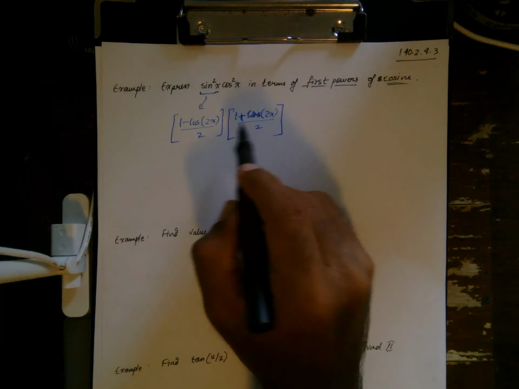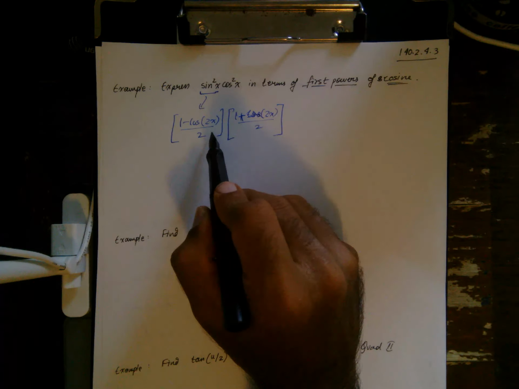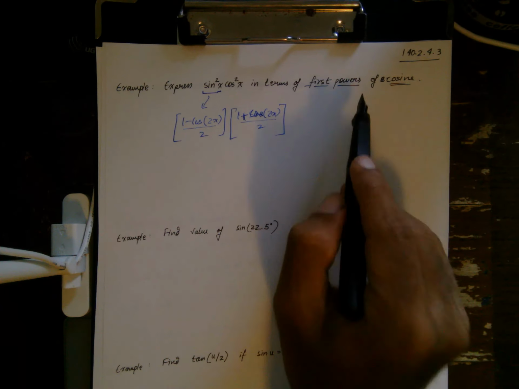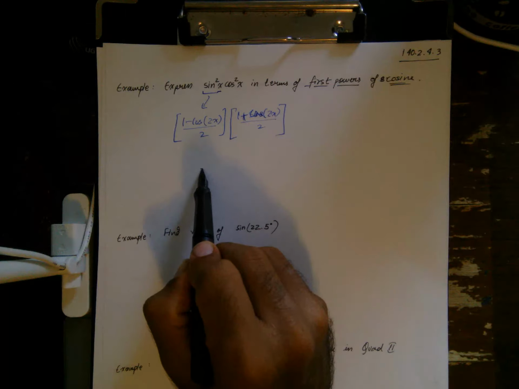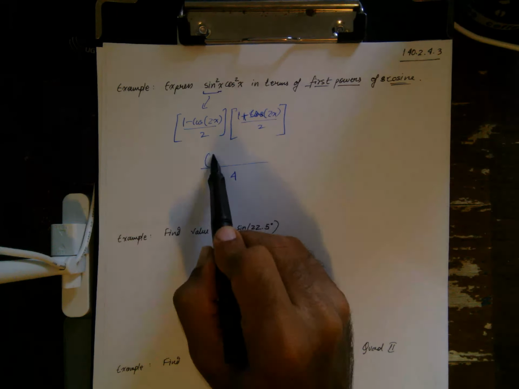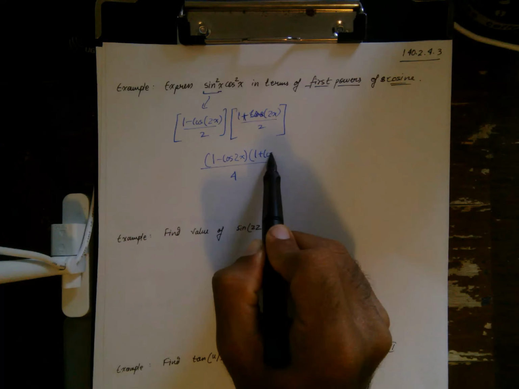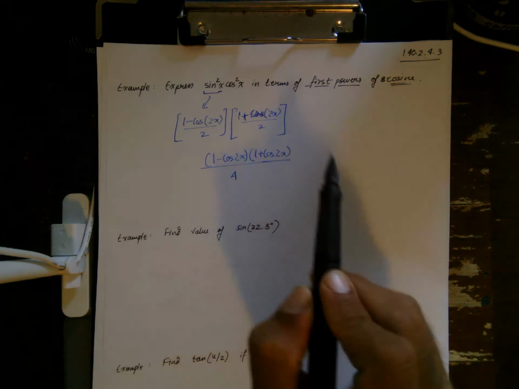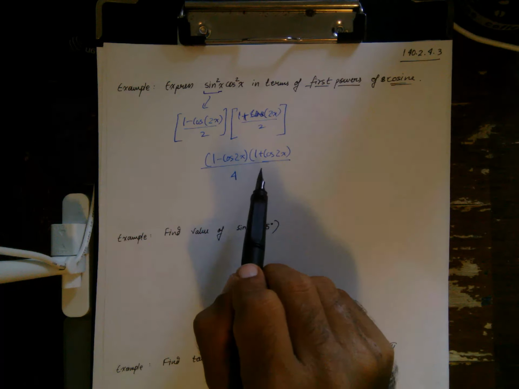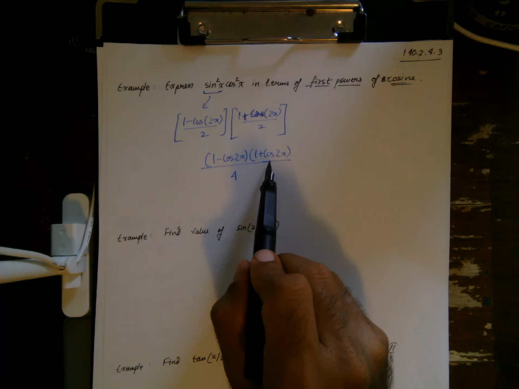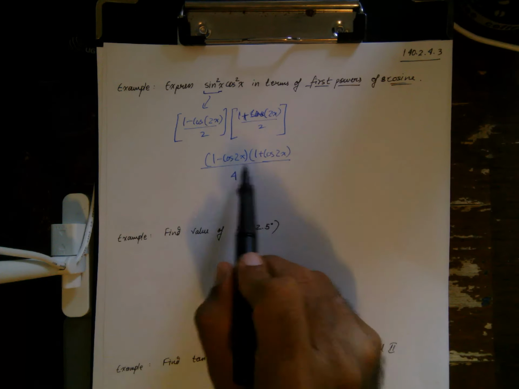Having the argument as 2x is fine because the goal is to reduce to first power. So this is just going to be 1 over 4 times (1 minus cosine 2x) times (1 plus cosine 2x). I'm not going to multiply them because multiplying would create a square term. So I'm just going to leave it as it is.